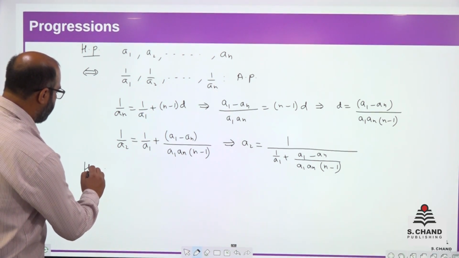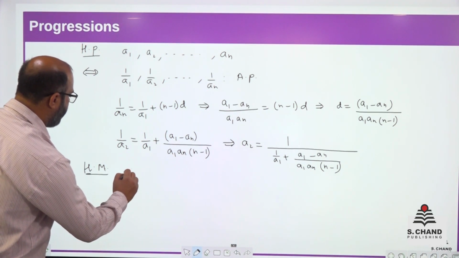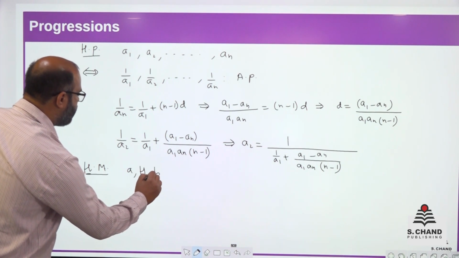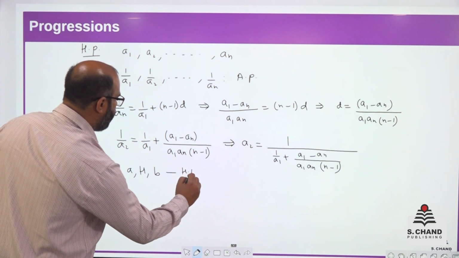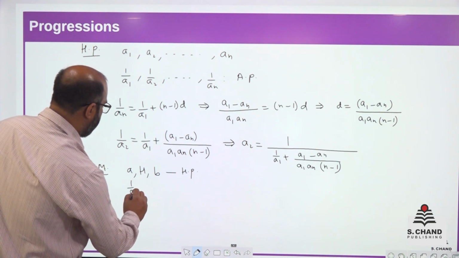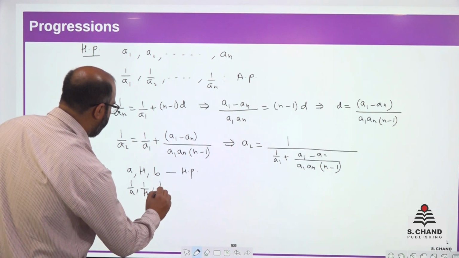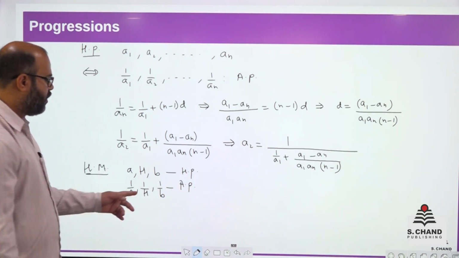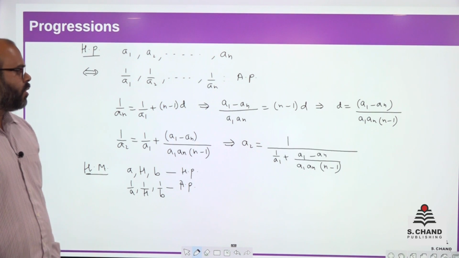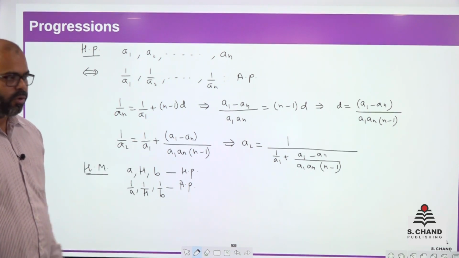So if it is said to find the harmonic mean between A and B, then it simply means that A, H, B are in harmonic progression. So if they are in harmonic progression, 1 by A, 1 by H, 1 by B are in arithmetic progression, and then you can find H. So this is how we deal with harmonic progression.